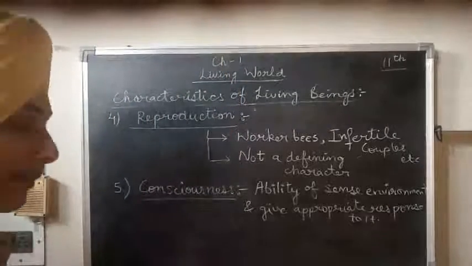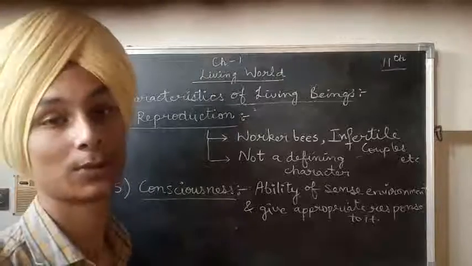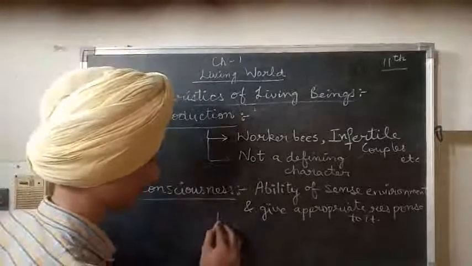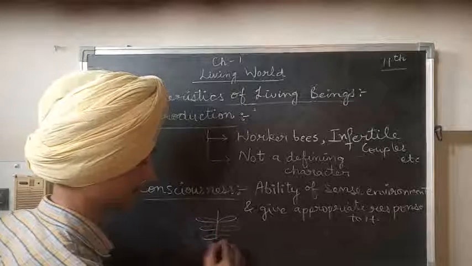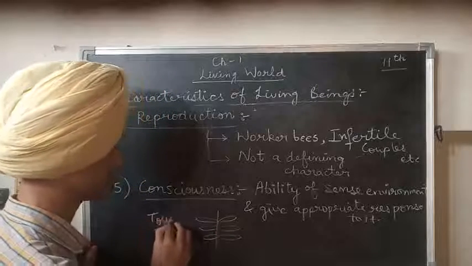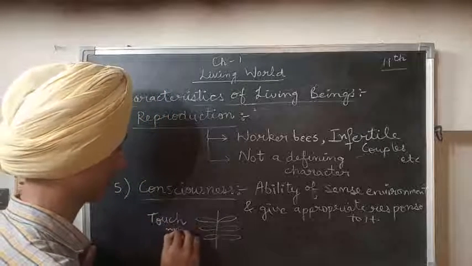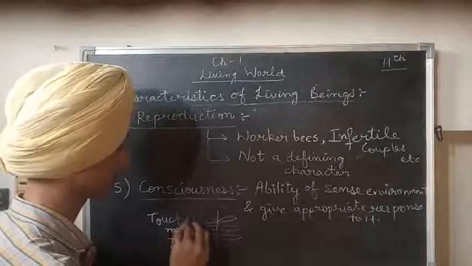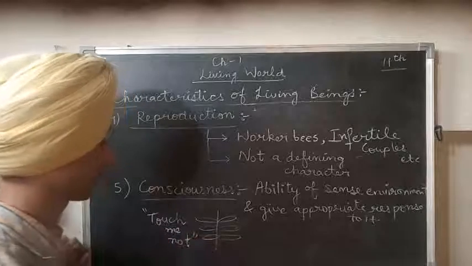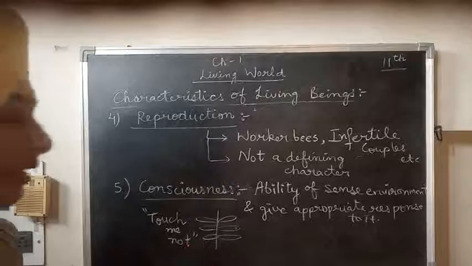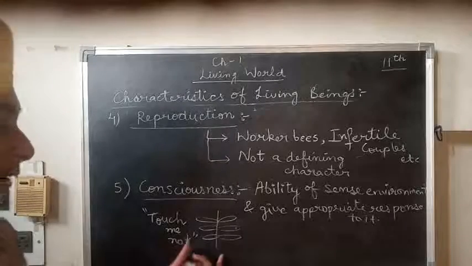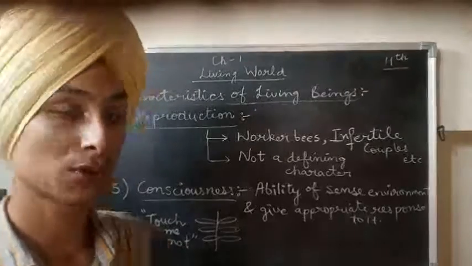Let us take the example of the plant touch me not. You might know about it. It is a plant which senses the environment and gives an appropriate response to it.